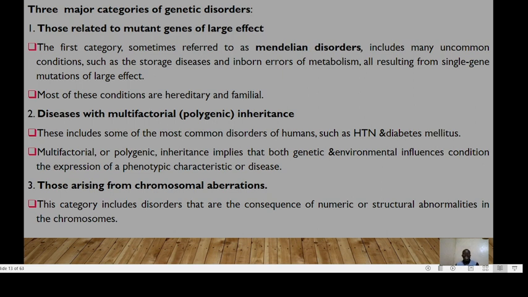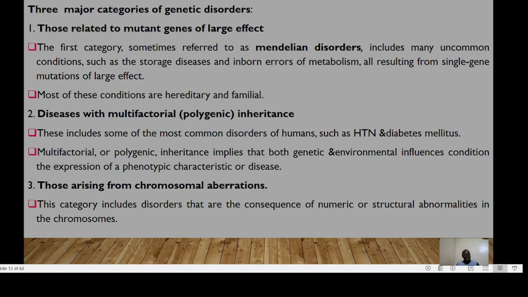Most of these conditions are hereditary and familial, while the diseases with multifactorial inheritance are common in humans and could include hypertension and diabetes mellitus. We say they are multifactorial or polygenic inheritance, which implies that both genetic and environmental influences play a role in the expression of the phenotypic characteristics of that disease.